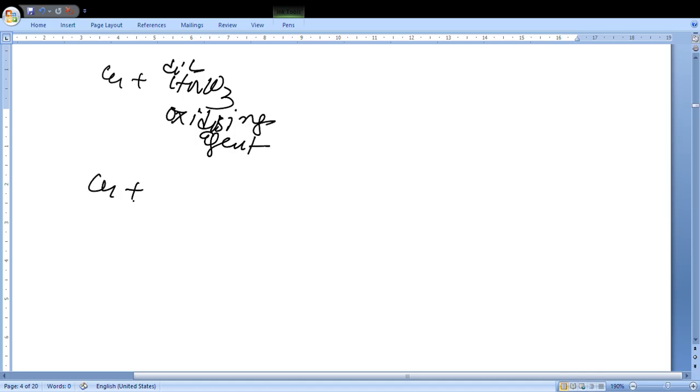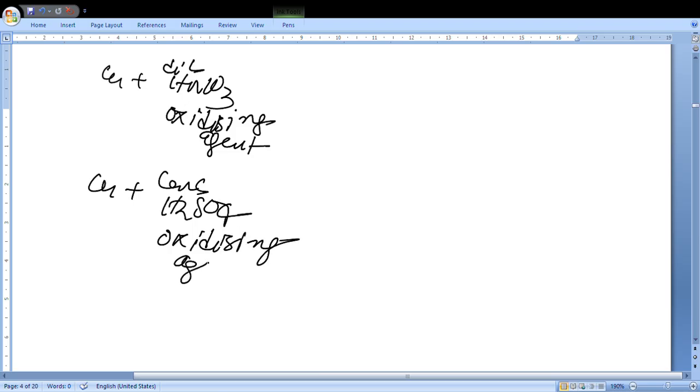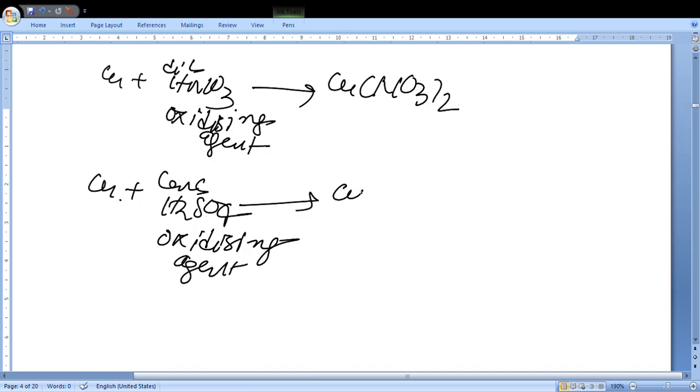Cu plus concentrated H2SO4 will react because it is an oxidizing agent here. Now the oxidizing property of nitric acid will convert Cu into Cu(NO3)2, and the oxidizing property of concentrated sulfuric acid will convert Cu into CuSO4.